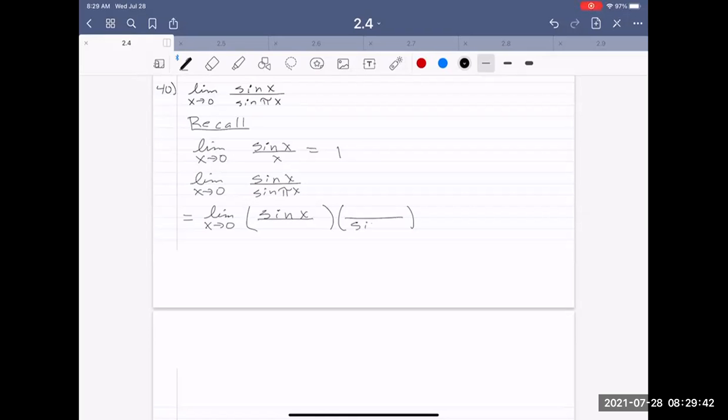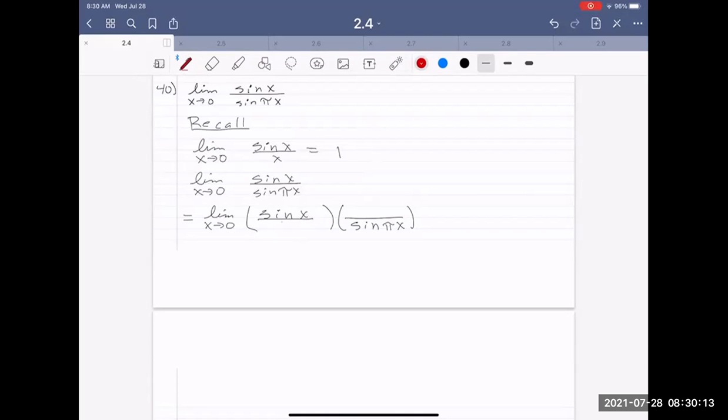Let me rewrite this as something. Certainly if I happen to have had x here, then I can use this. I'll make these red so you can see what I'm adding.